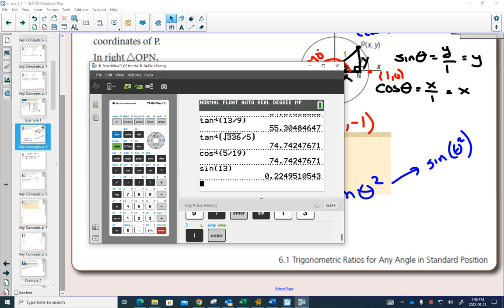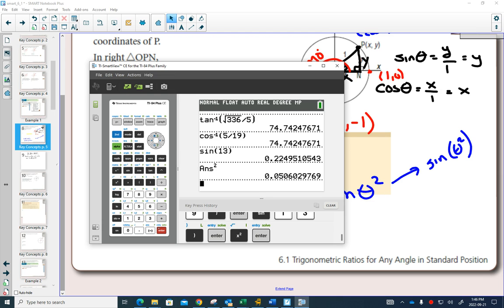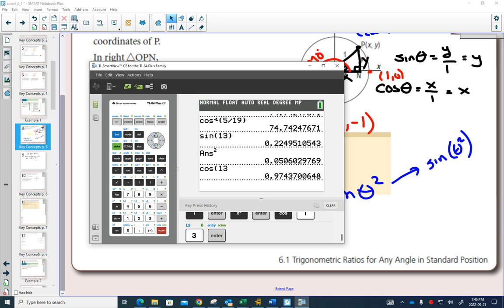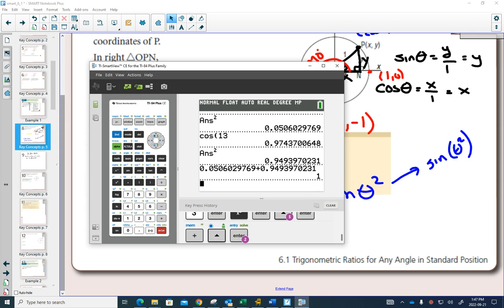I don't think you could have remembered those numbers. Square it. Answer squared. Boom. 0.05. Cos 13. Square that. If I take this answer that I had and I add this answer that I got, it perfectly equals 1.